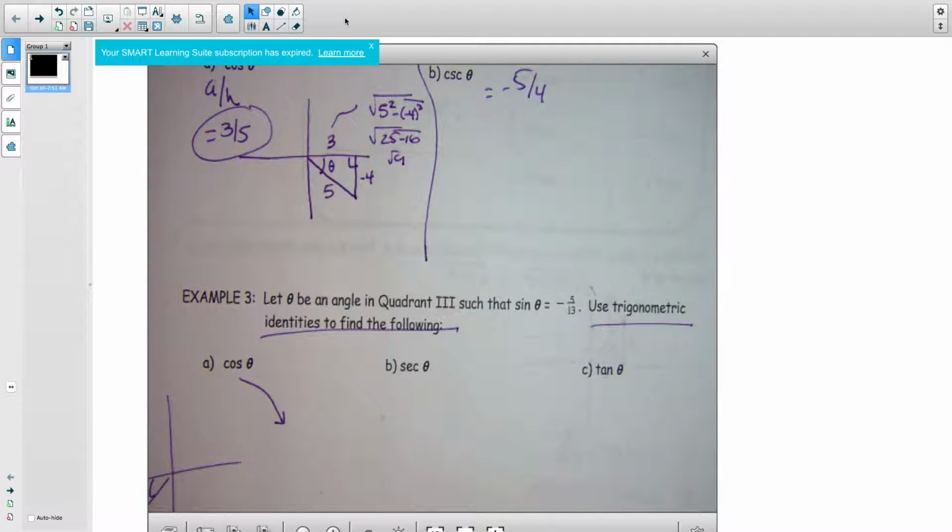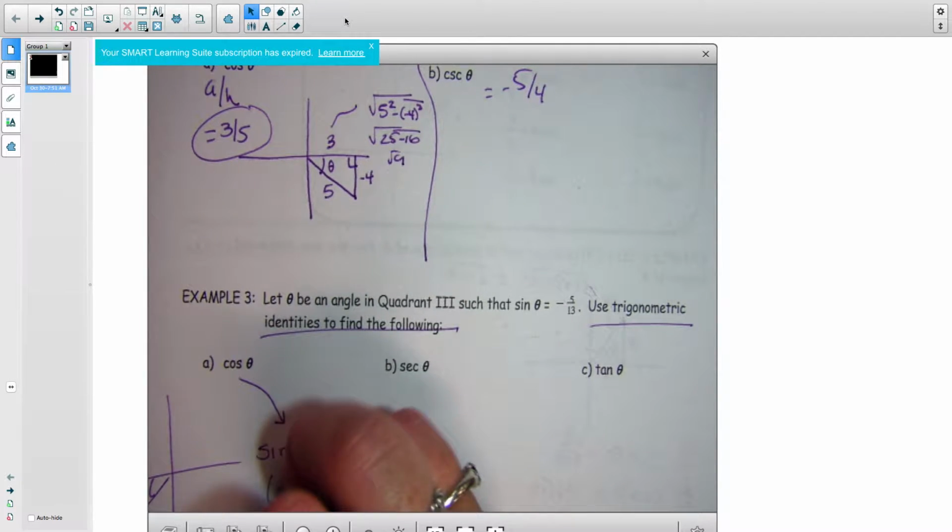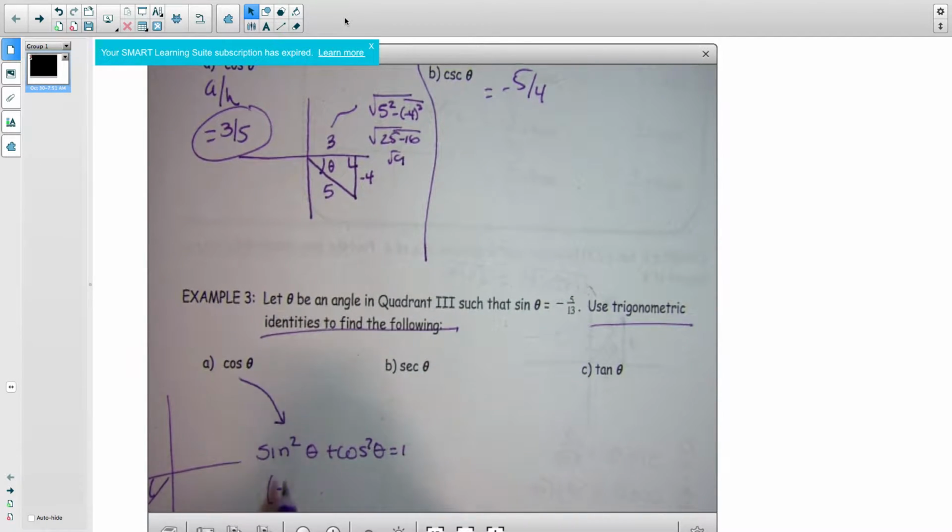Trig identities. Sine squared plus cosine squared equals 1. So negative 5/13 squared plus cosine squared equals 1. So what's that? 25 over 169.